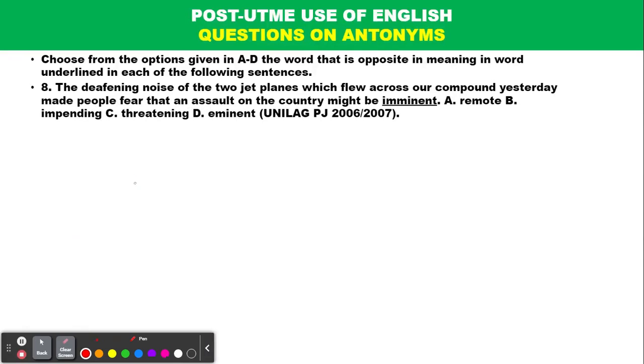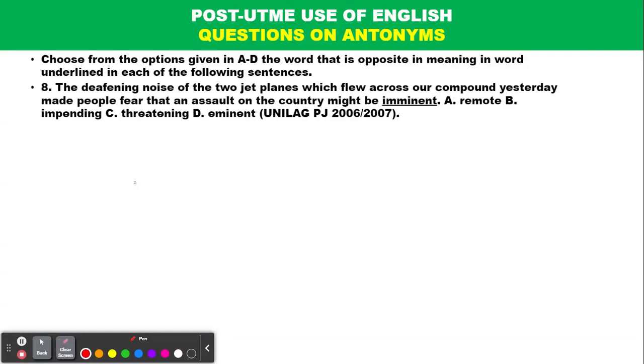The deafening noise of the two jet planes which flew across our compound yesterday made people fear that an assault on the country might be imminent. The word underlined here is imminent. Okay, and so imminent, what does imminent mean? Imminent means something that will take place very soon.